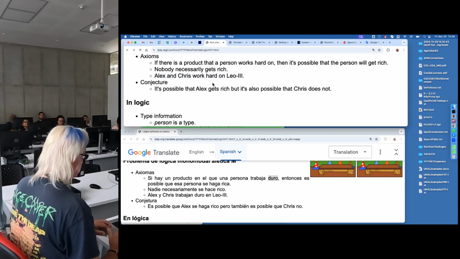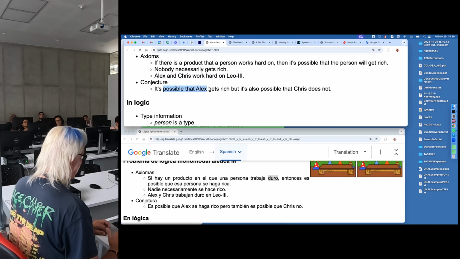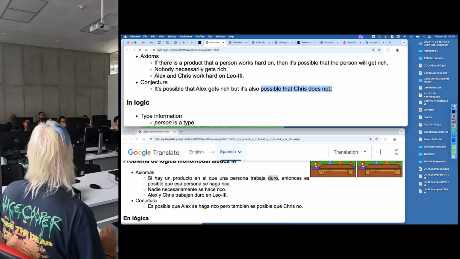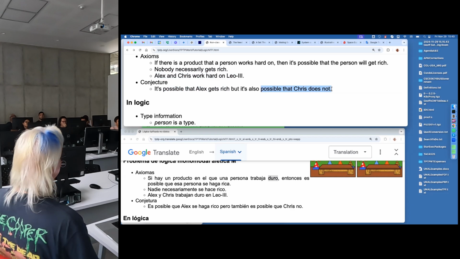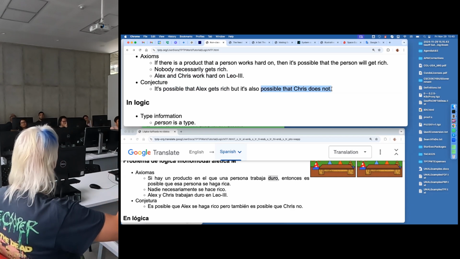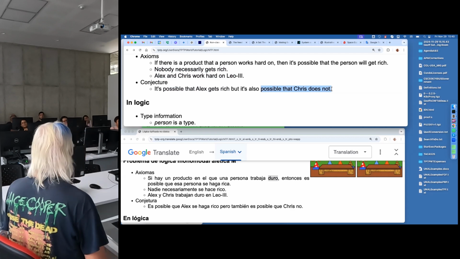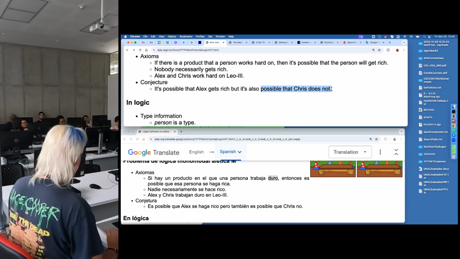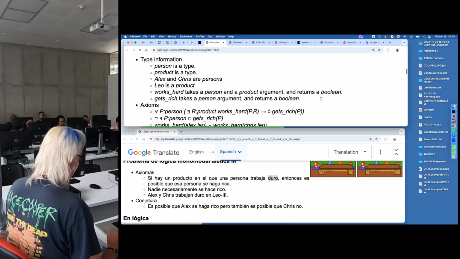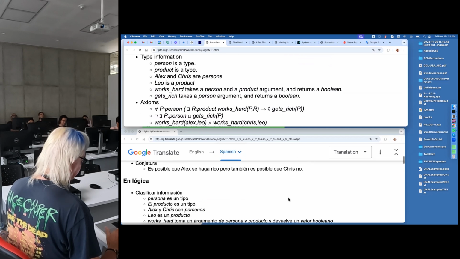So now I want to prove it's possible that Alex gets rich, but it's also possible that Chris does not get rich. So I go to them and say, well, Chris, it's possible you will not get rich. Alex, it's possible you will get rich. And he needs to because he has a new baby. All right. So how do we write this all down?